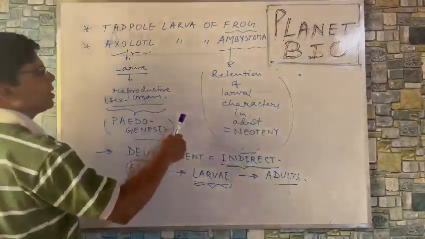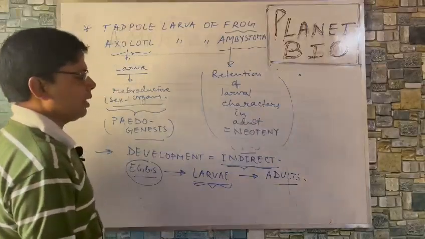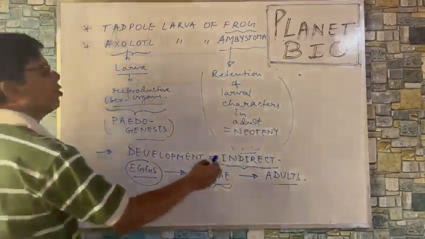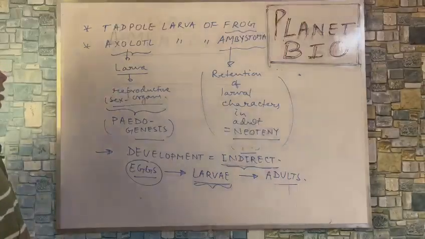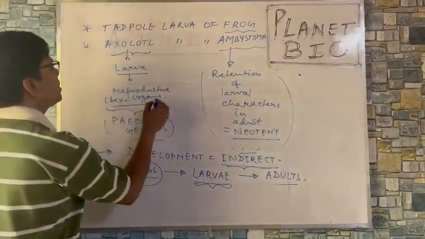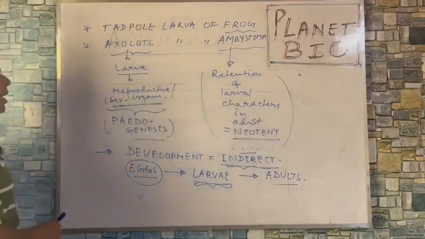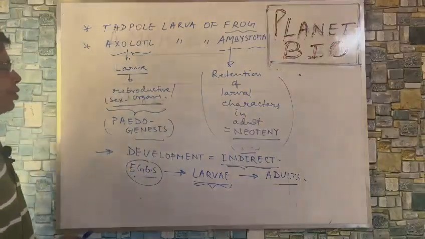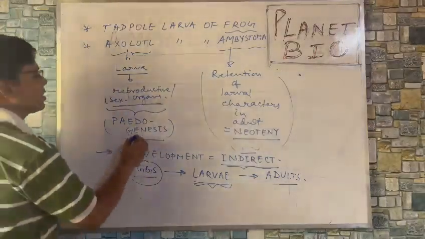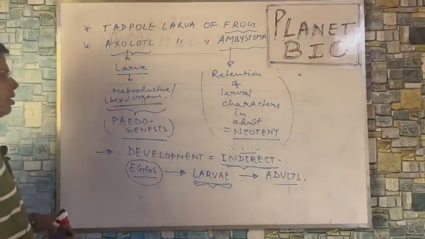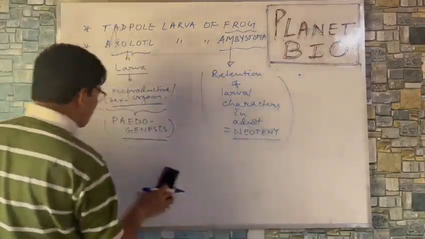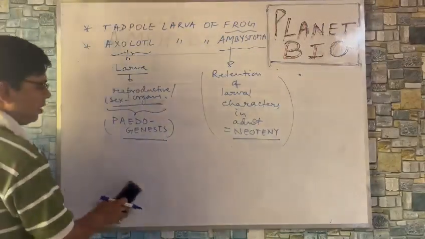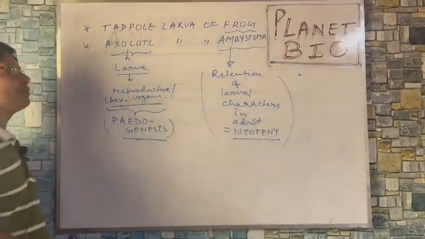The adult has retained the larval characters. So the condition is called neoteny, and the larva has developed reproductive organs or sex organs, and that has the capability to produce. So this condition is called pedogenesis. So these are some special events that can be seen in the life cycle of amphibians.